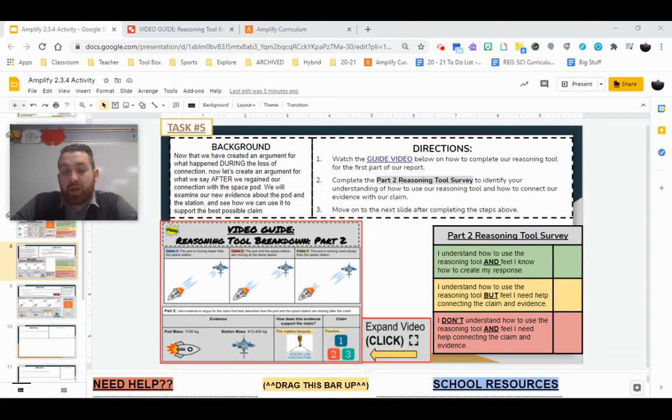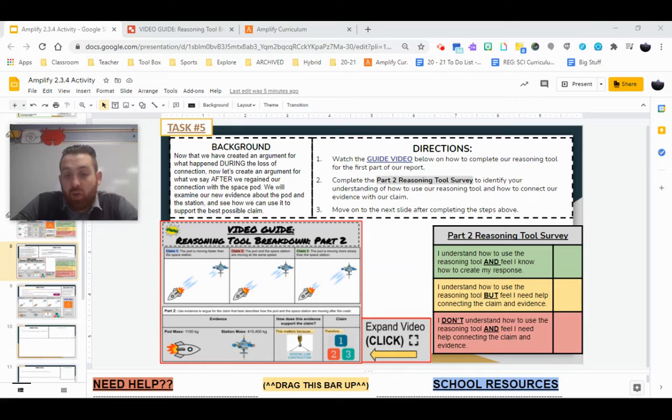Hey everybody, Mr. Regan here, and hopefully we feel confident in using our reasoning tool to connect our claim with our evidence and to create that reasoning section that really connects the two in order to show how the evidence supports the claim.